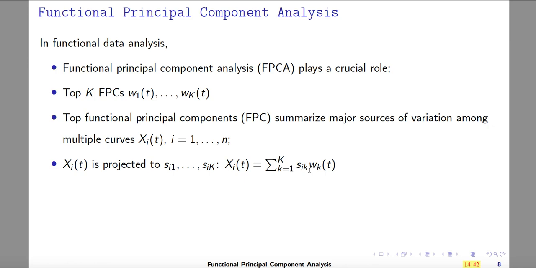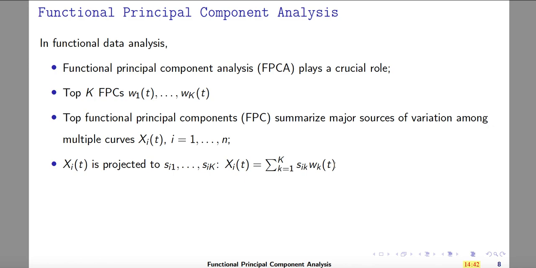You may realize that this is very similar to when we talk about basis expansion, right? In the first lectures, we talked about how we can use B-splines or Fourier basis functions to represent one curve. Here, w_k(t) will be a new basis function to represent this curve x_i(t).